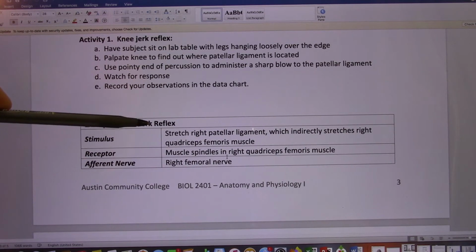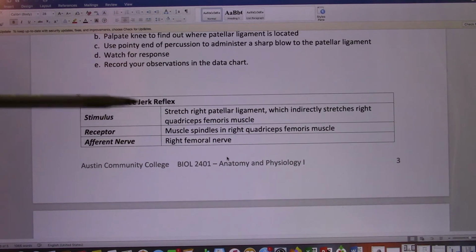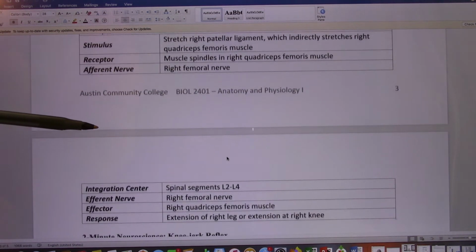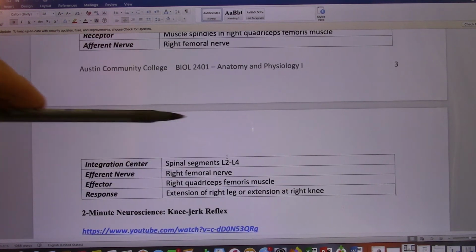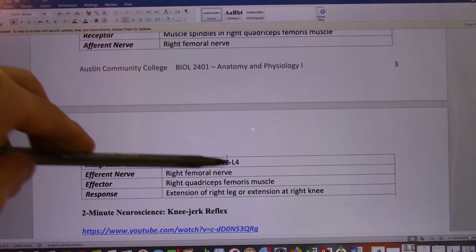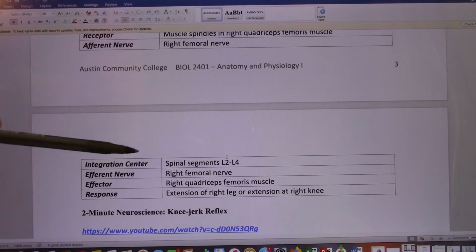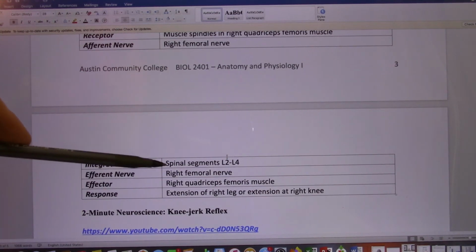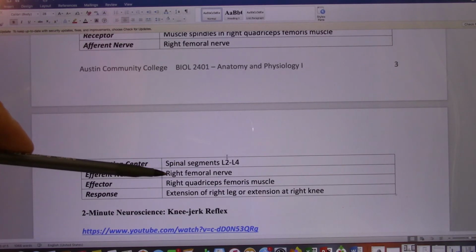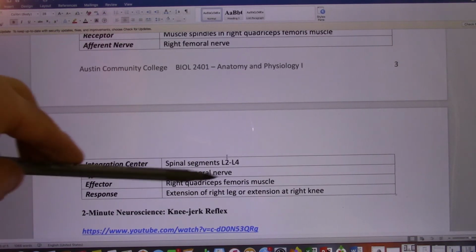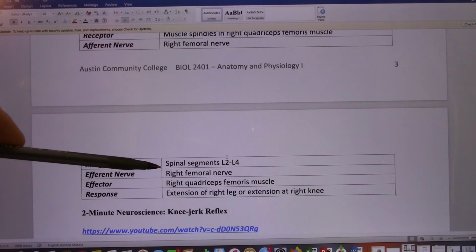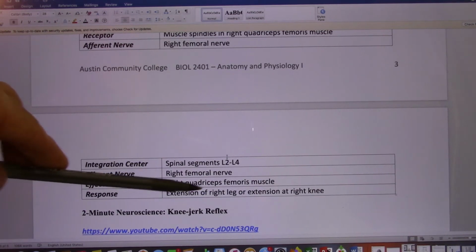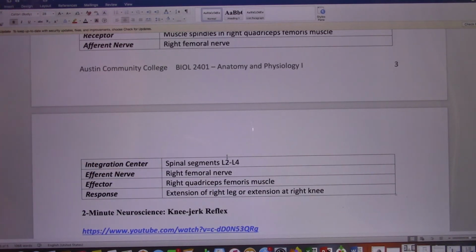The signal will go through your femoral nerve, that's the afferent one, and go to your control center. The integrating center is the spinal segment, L2 to L4. And it will go through the efferent, the femoral nerve, to your effector, your right quadriceps femoris muscles. And eventually, you extend the right leg, and that's the response.